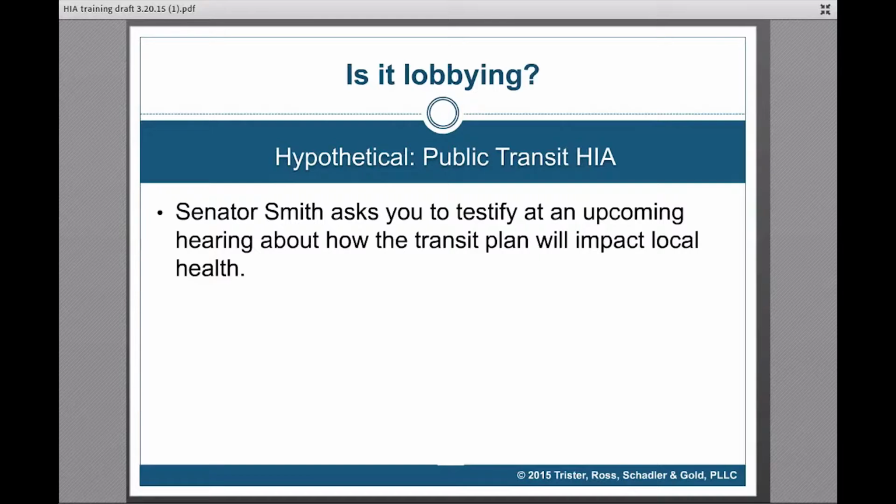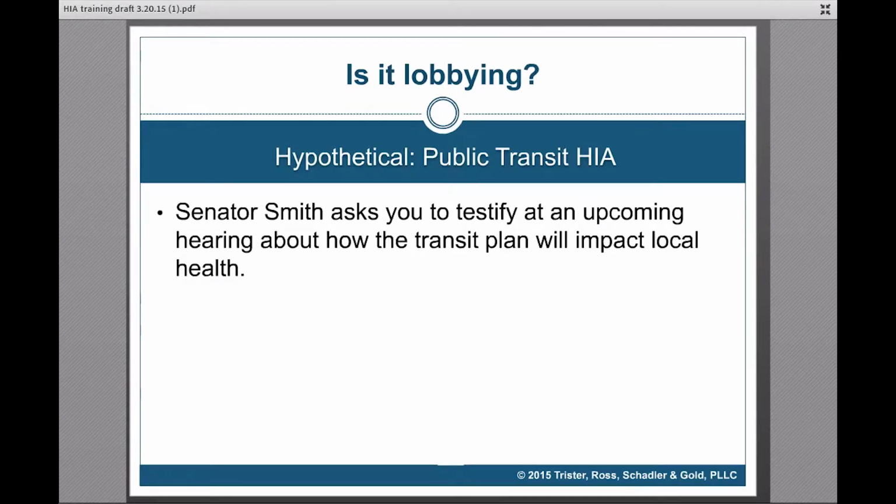As long as you have this broad public dissemination prior to giving the report to any legislators, giving the report to the legislators will not count as lobbying down the line.